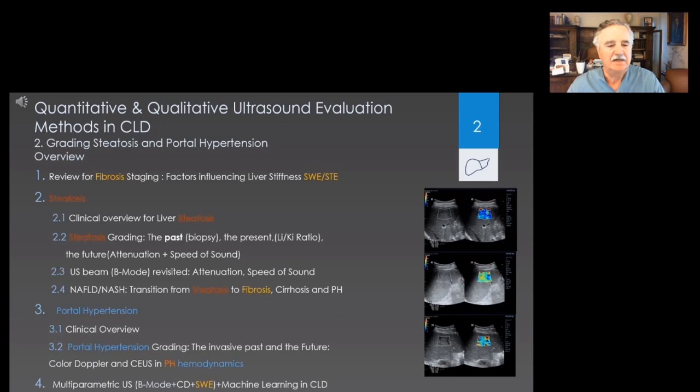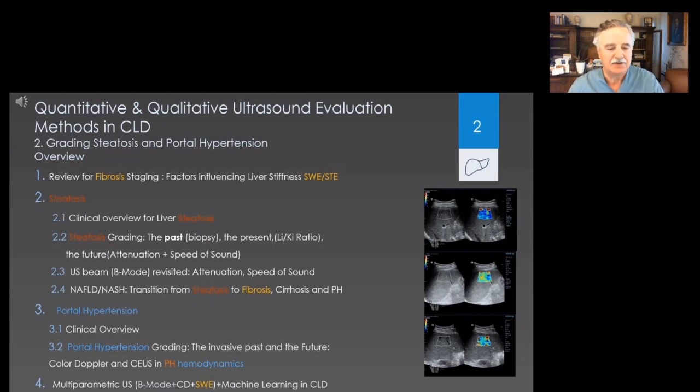After a clinical overview, we are going to pass to ultrasound methods for steatosis grading. And we're going to finish this chapter focusing on NAFLD-NASH, because in this entity we can follow the transition from steatosis to fibrosis.